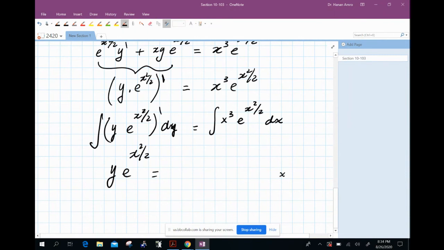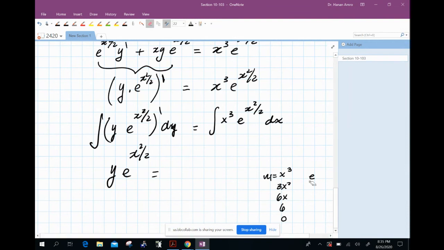So x cubed is your u, and if you take the derivative, that will be 3x squared. If you take the derivative again, that will be 6x, then 6, and then down to 0. Now, for e to the x squared over 2, actually, we have to be careful with this.